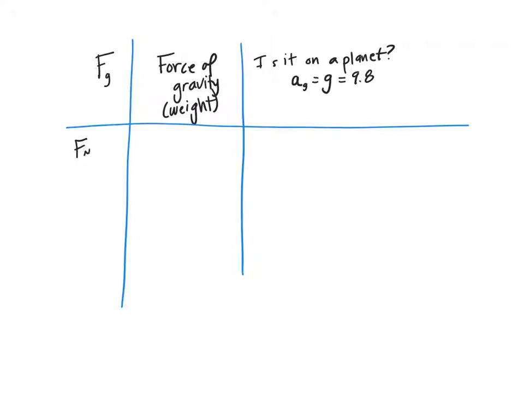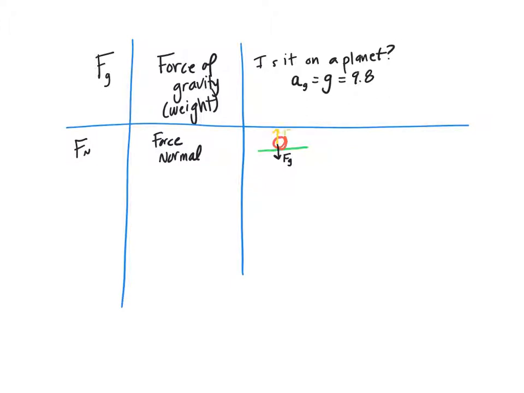All right, the next guy is the normal force. Force normal. So this is where if you had a surface and you had an object like a ball sitting on a surface, the force of gravity pulls down, okay? And the surface itself pushes back up.